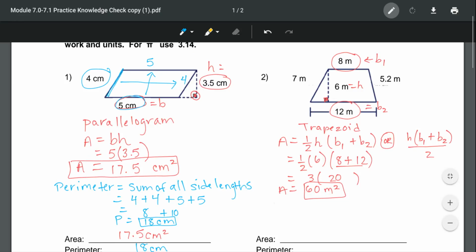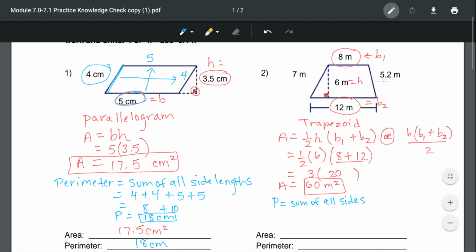Now for the perimeter, it's also the sum of all the sides. You just want to include the outer side lengths. That would be 7, 8, 5.2, and 12. You do not include the height unless the height is a side of the trapezoid.